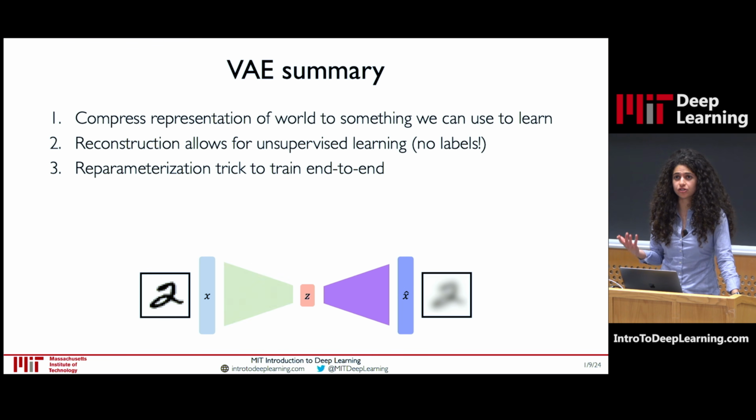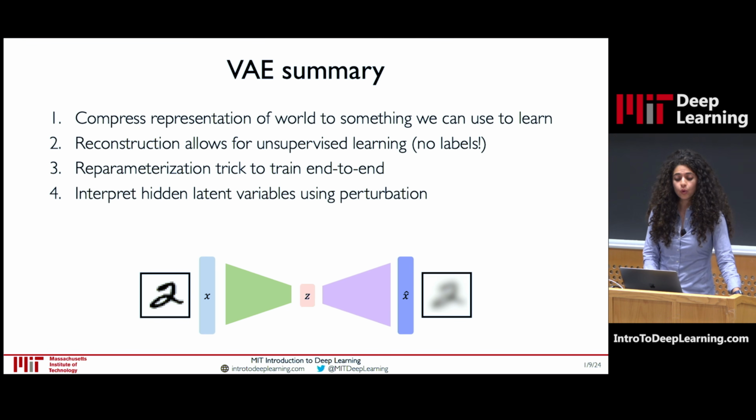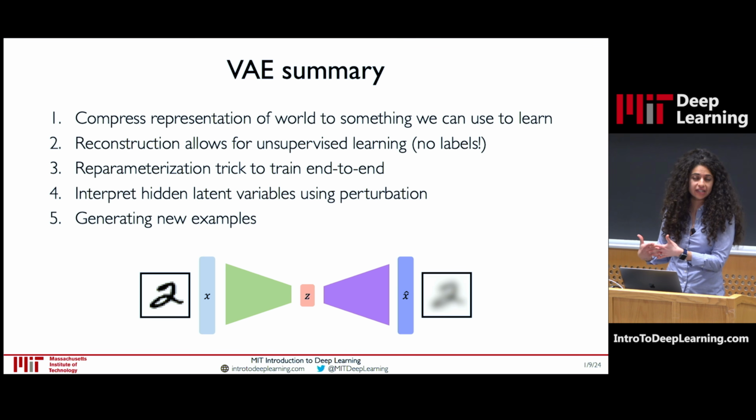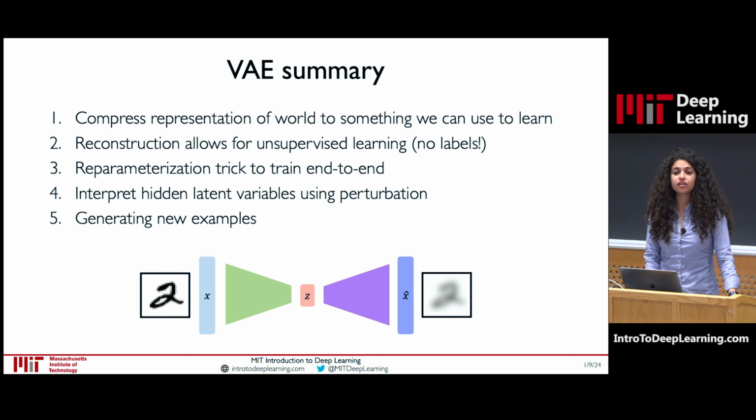We can use this notion of reparameterization to train the model end to end. We can interpret the latent variables via this perturbation analysis, and we can now use the learned latent variables to sample from that space and generate new examples. So with VAEs, the core is that this latent variable space is effectively an estimate, a representation of that probability distribution that I mentioned at the beginning.